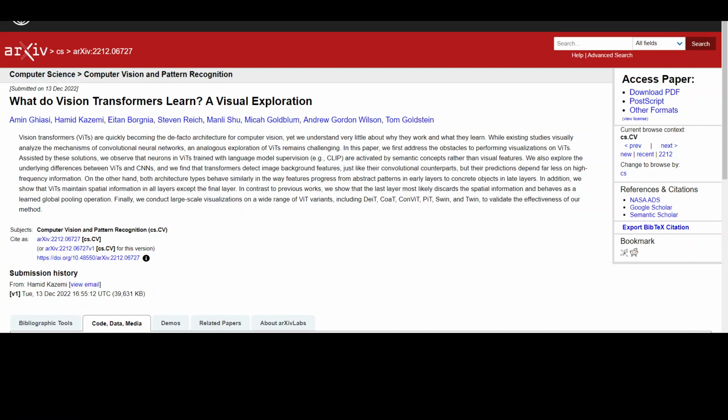These researchers have compared their results to earlier visualization of convolutional neural networks or CNNs. We know that these vision transformers have delivered state-of-the-art results in several domains of machine learning, but we really don't know what really goes on in these CNNs. That is where a method has been used to visualize the internal workings of these convolutional neural networks or CNNs.